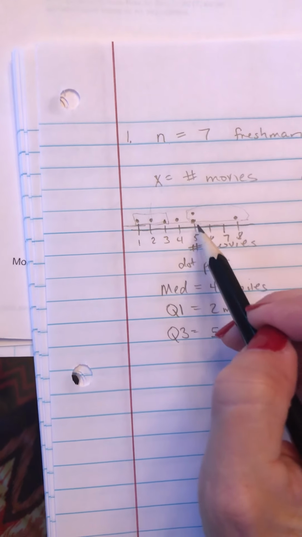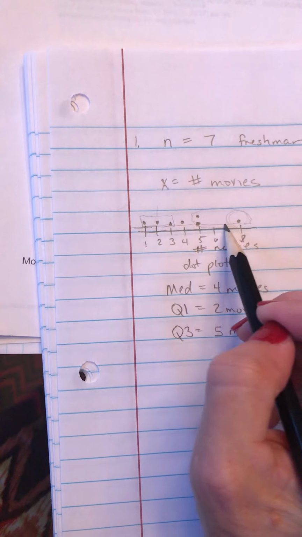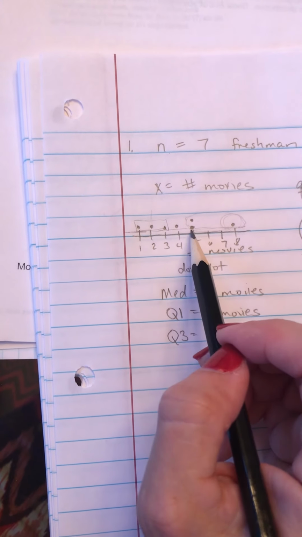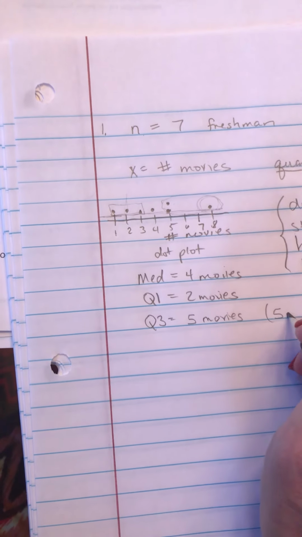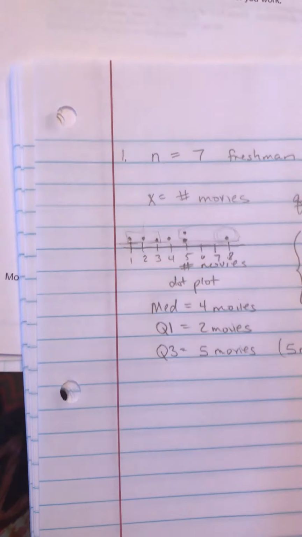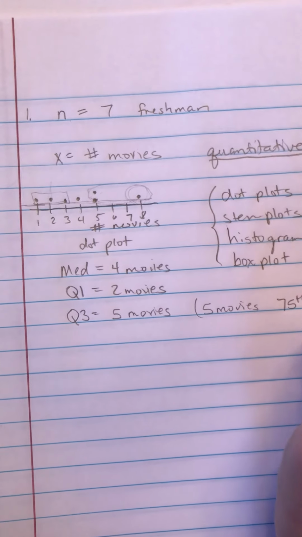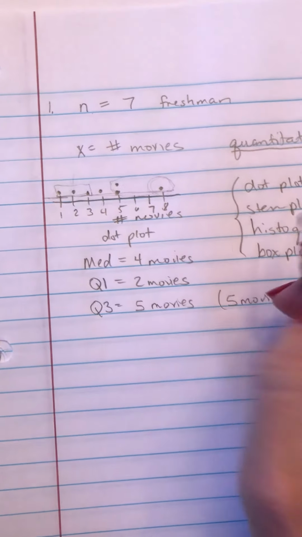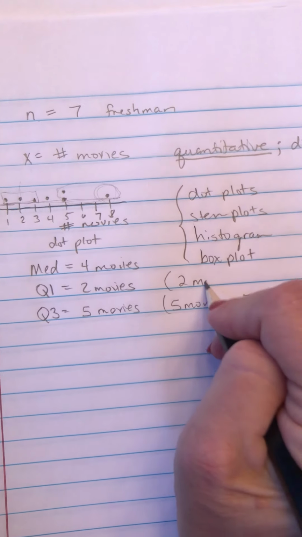And so one observation, or 25%, occur above 5, and we have 75% below. So 5 movies, just tying in our concept, would also correspond to the 75th percentile. 2 movies would correspond to the 25th percentile.